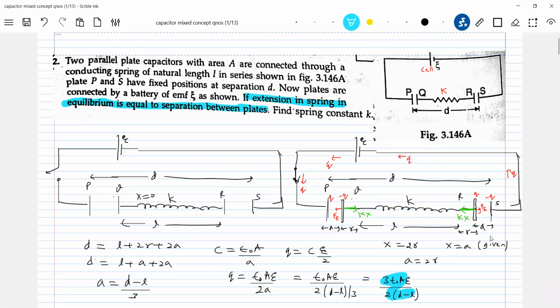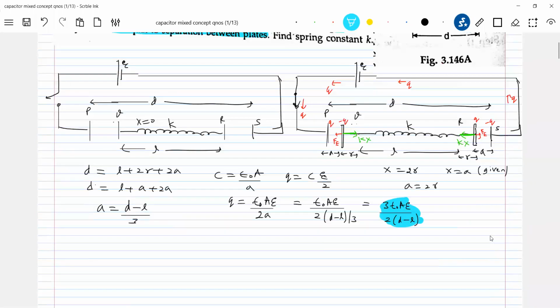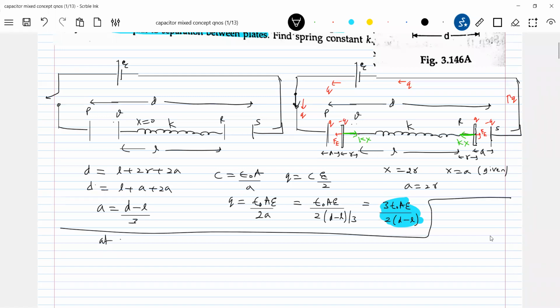Okay, now at equilibrium. So it is saying equilibrium, so let me use that word. At equilibrium, the electrostatic force between the plates should balance the spring force. So here Fe should be equal to Kx.